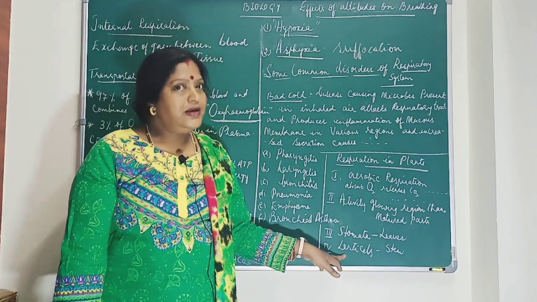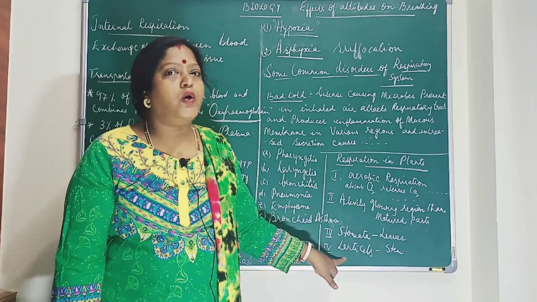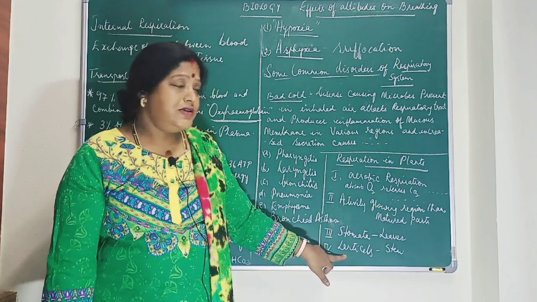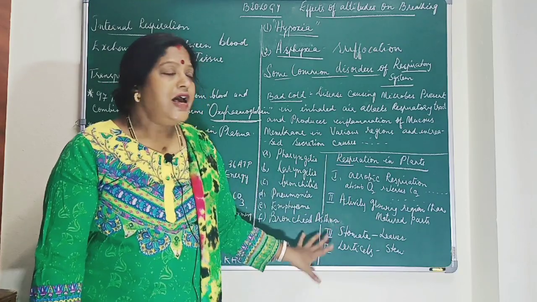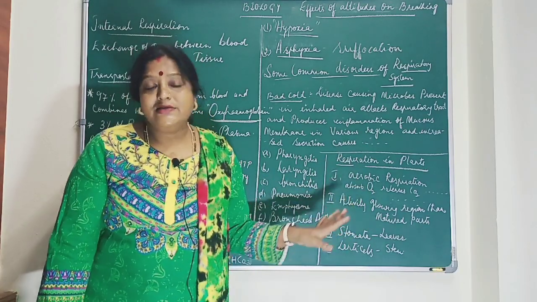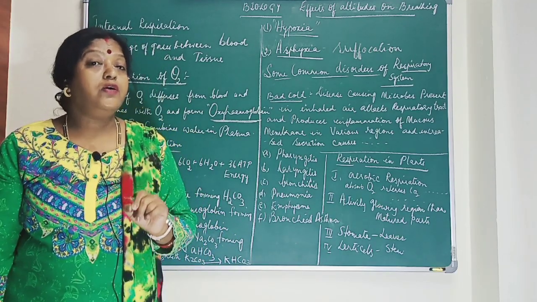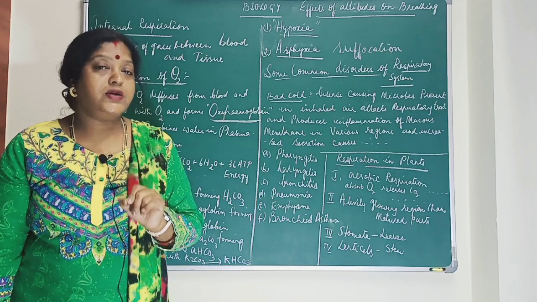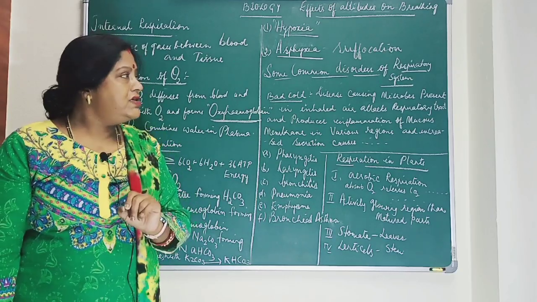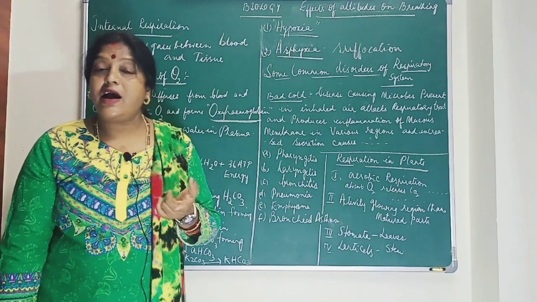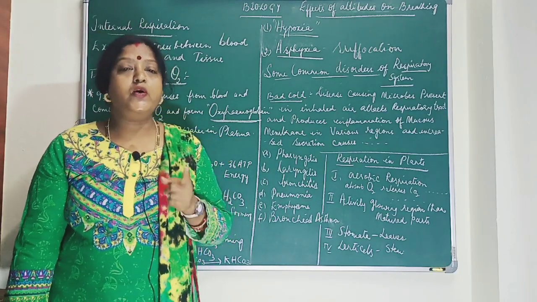Lenticels are the pores present on the stem. This is how respiration takes place in plants. The energy requirement in plants is lesser because most of the cells and tissues are dead. Understood? So this is how respiration is completed, children, and in the next class we will start the transport system.